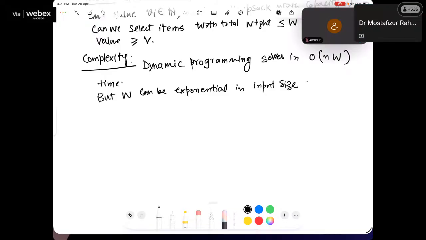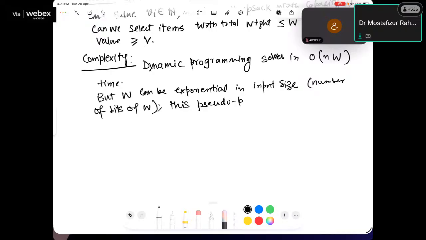Input size, that is the number of bits, for example, number of bits of W. So often this kind of problem is known as a pseudo polynomial problem, because if your input size is quite small, it seems to be polynomial.